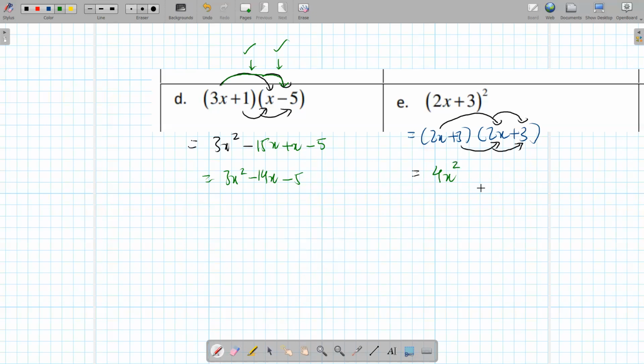What's the next term after 4x squared? Plus 6x. Yes. What's the next term after that?